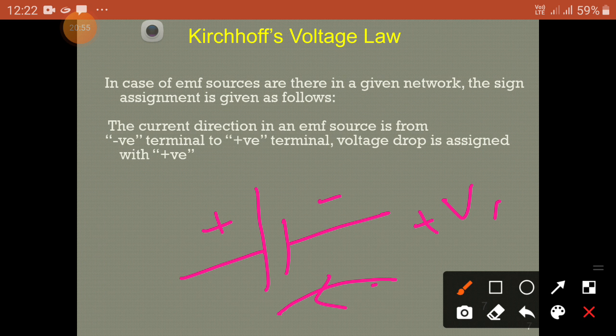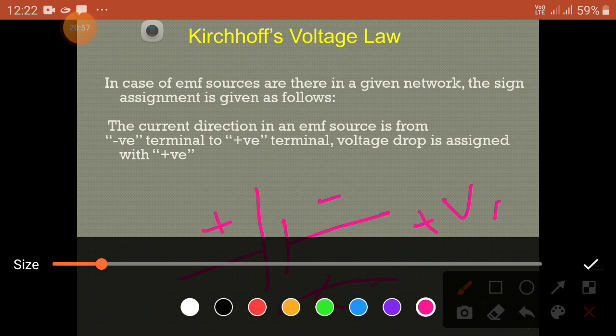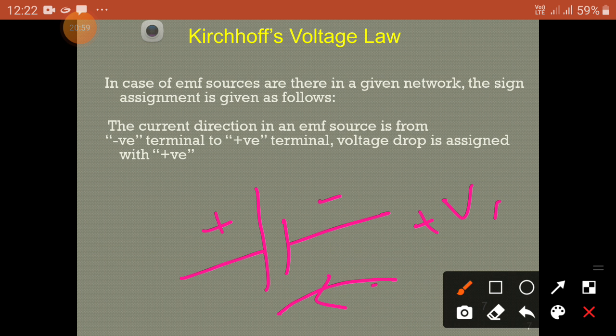Or suppose you have taken the loop direction the other way. Now it goes from positive to negative, which is a drop, from high potential to low potential, so you take minus V1.